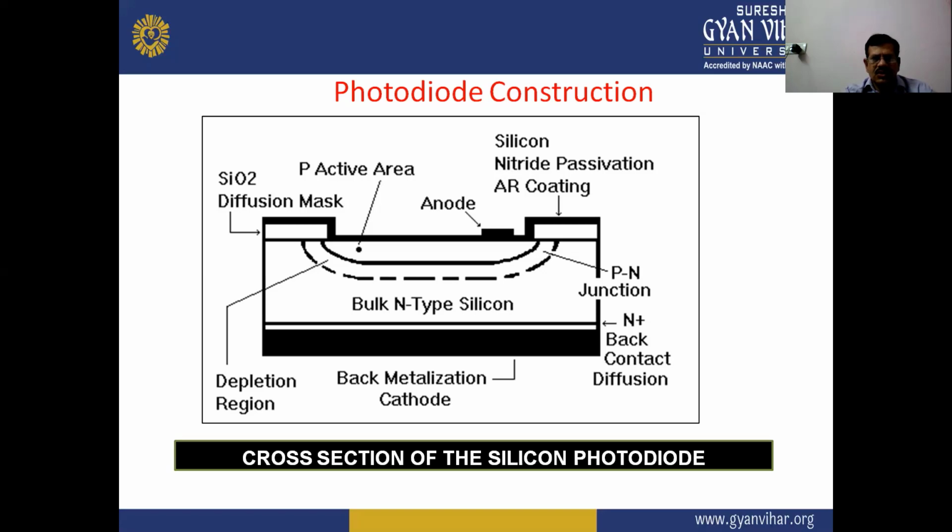So this is the photodiode construction, in which there are different layers and different areas of P-type and N-type semiconductor, and some layers of diffusion mask such as SiO2 and a silicon nitride passivation AR coating. This is the cross section of the silicon photodiode.